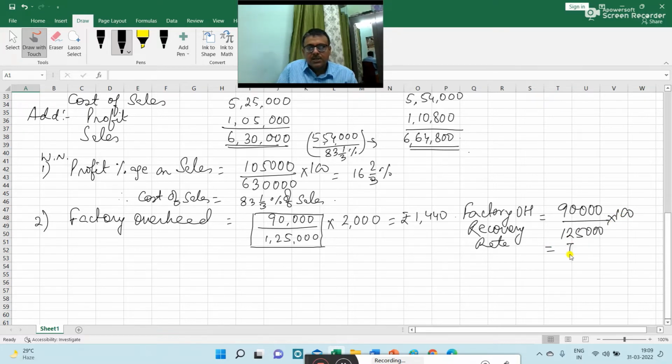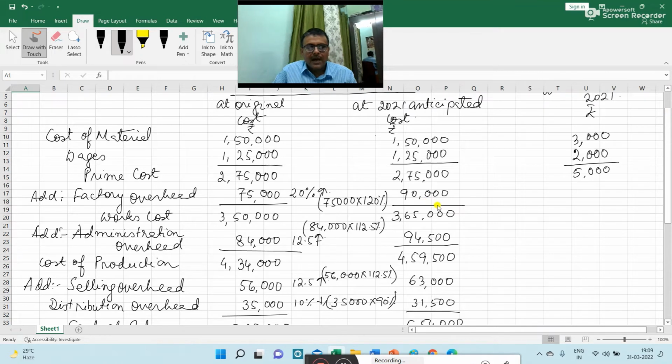So this is 72%. Next, you have to calculate the factory cost. So I am writing here, beside this factory overhead, 1,440. So your works cost will be 6,440.